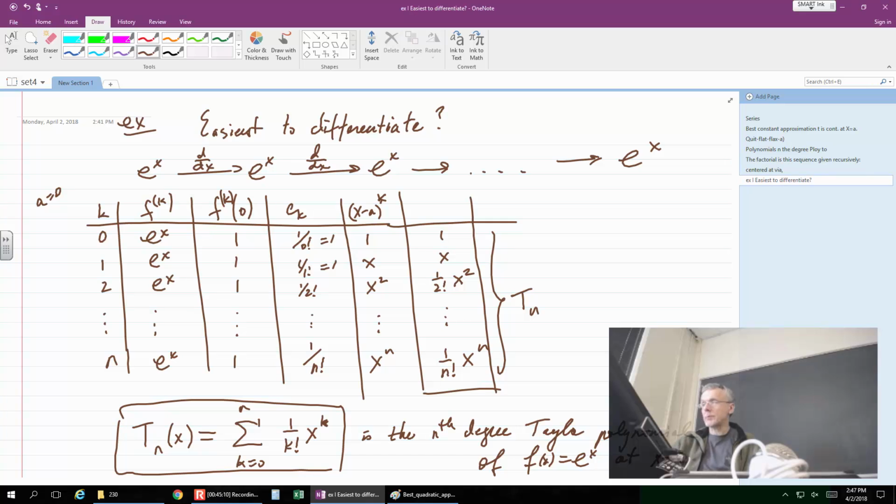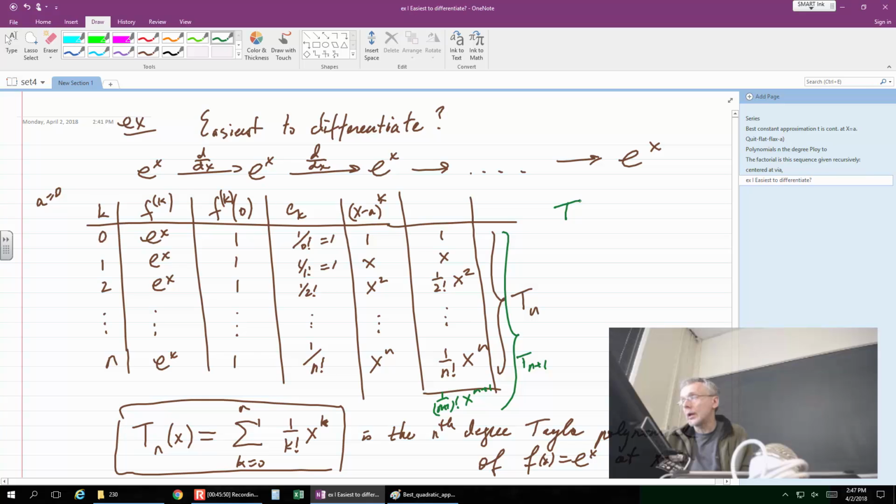Where the summation comes from, I think you can derive more information from this if you are willing to write the formula in a recursive way. Because if this is Tn, then this will be Tn plus 1, the next one. So it will be 1 over n plus 1 factorial, x to the n plus 1. In other words, you can have all of the Taylor polynomials in a recursive fashion. As you add one term at a time, you're moving down the table, down that last column, and you're getting more and more Taylor polynomials.